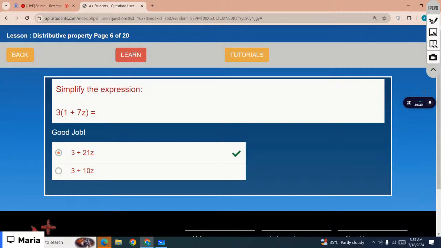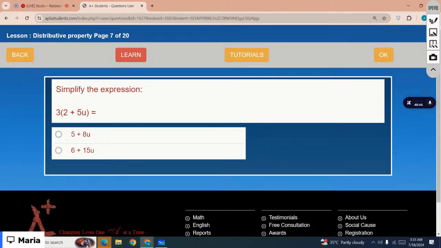Option number 1 is the correct option. Okay, that is 6 plus 15u. Option number 2 is the correct option.